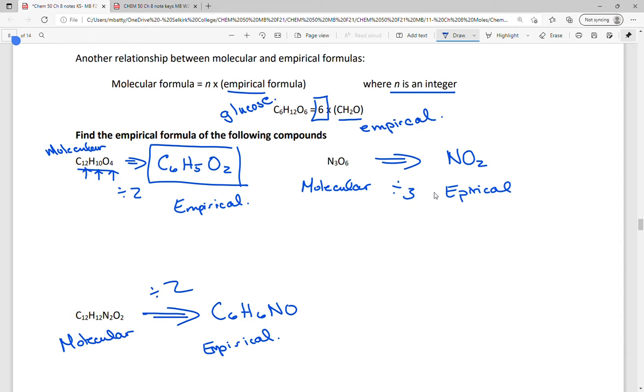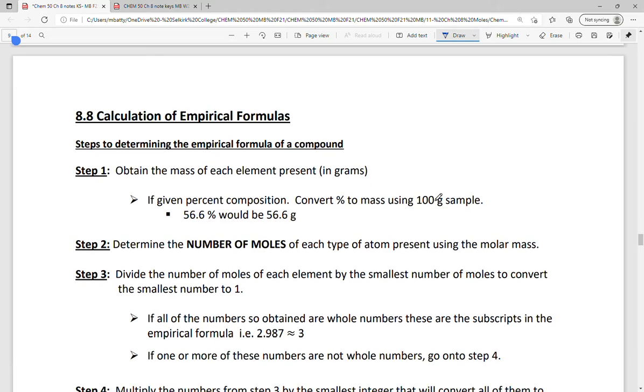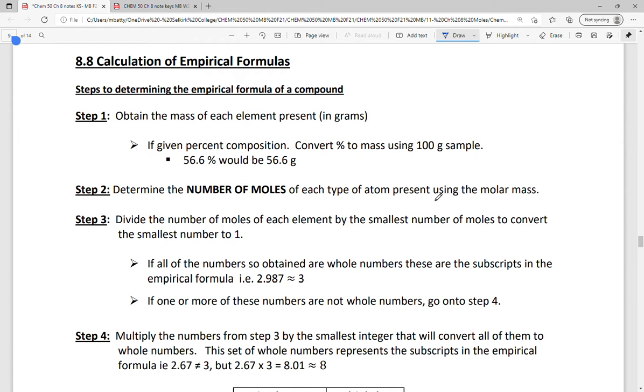So we're going to carry on with calculating empirical formulas. Calculating empirical formulas starts with the percent composition. A key component in this is starting with that percent composition and assuming you have a 100-gram sample. That allows us to go from percent to grams.